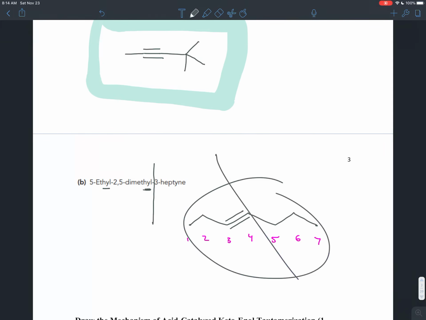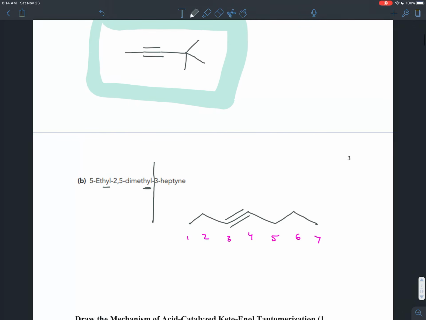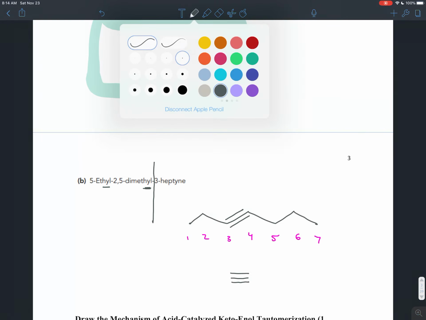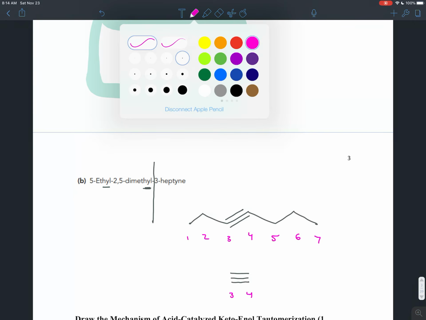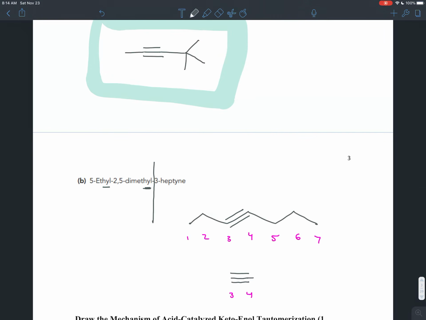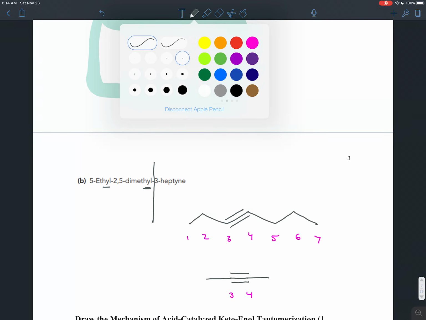Now this is technically not correct because triple bonds are linear, and this is representing this as some sort of a zigzag. Now, this is not in a straight line here. So we have to redraw this. Let's start with carbons 3 and 4. And then we know that it has to be linear going to the next one, so 2 and 5.